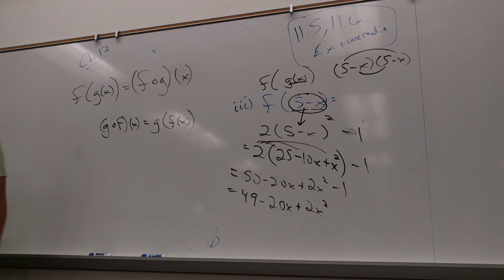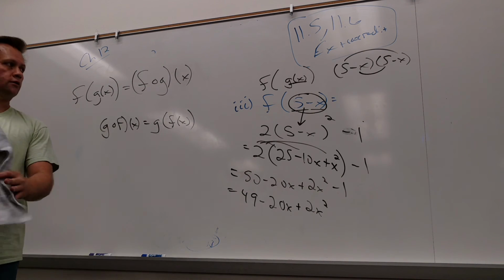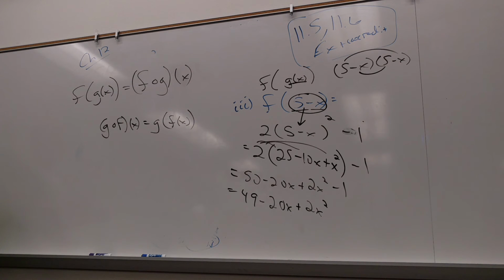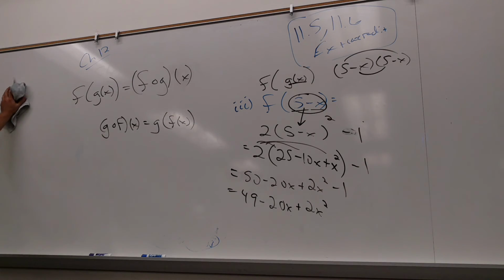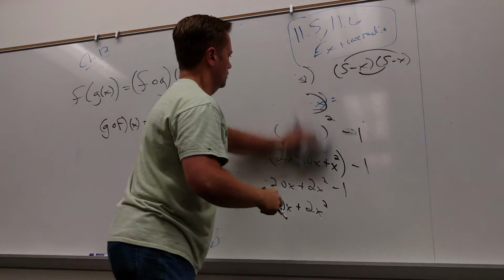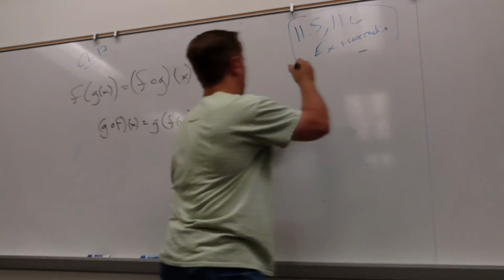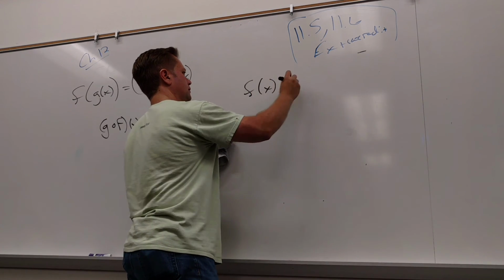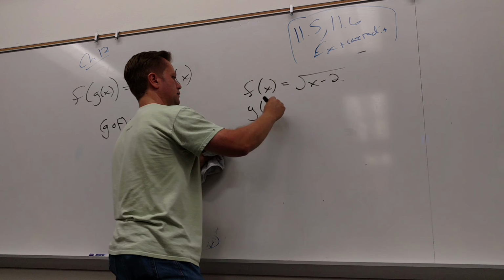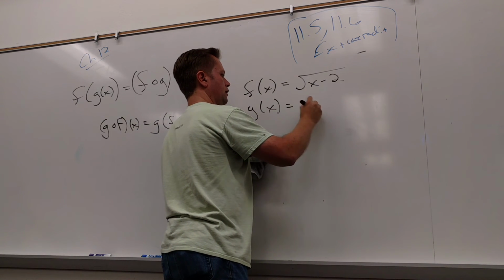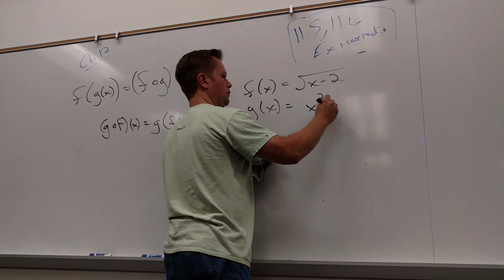All right, that's where I start. So let me give you guys a few to try. I will use this notation so you're not that freaked out when you get to the book. So let's say f of x is the square root of x minus 2, and g of x is x squared plus 5.